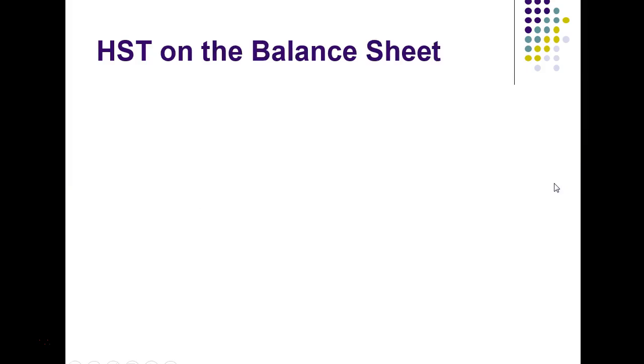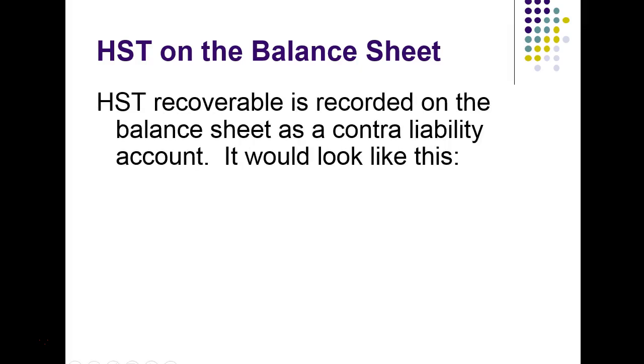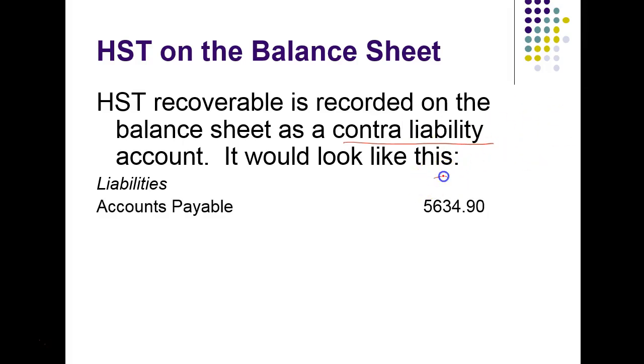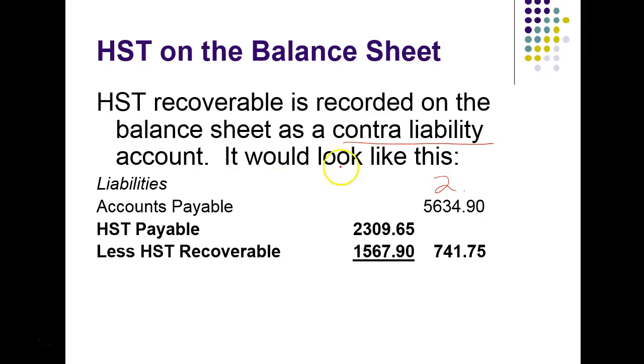So now our balance sheet for the liability section is going to look a little bit different. The HST recoverable is recorded in the balance sheet as a contra liability account, and this is how it's going to look. So we'll have our liability section, we'll have our regular accounts payable. This is going to be in column 2, okay? And then we have our HST payable and our HST recoverable. So we're going to record that in column number 1.